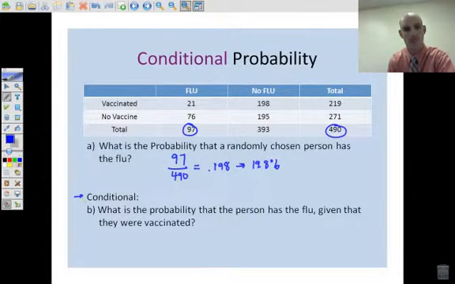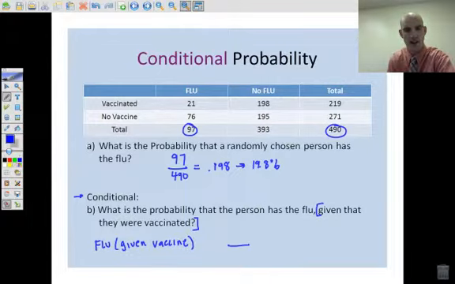This is where the conditional probability comes in. What's the probability that the person has the flu given that they were vaccinated? That qualifier allows us to separate our group. So this is flu given vaccine.